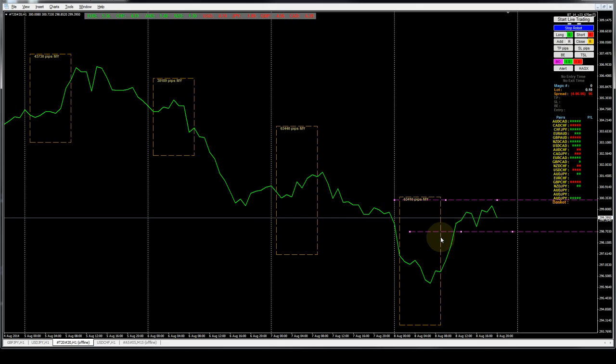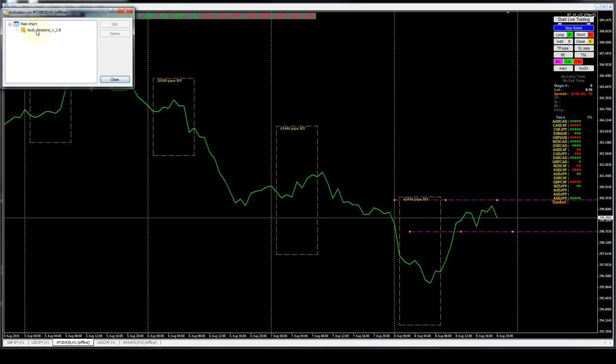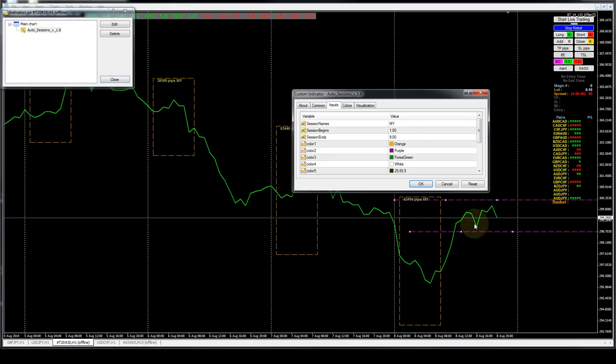That's when it will exit. It doesn't exit anytime during the window, it exits when the trading window closes. So for now, I'll just put these back to their default.